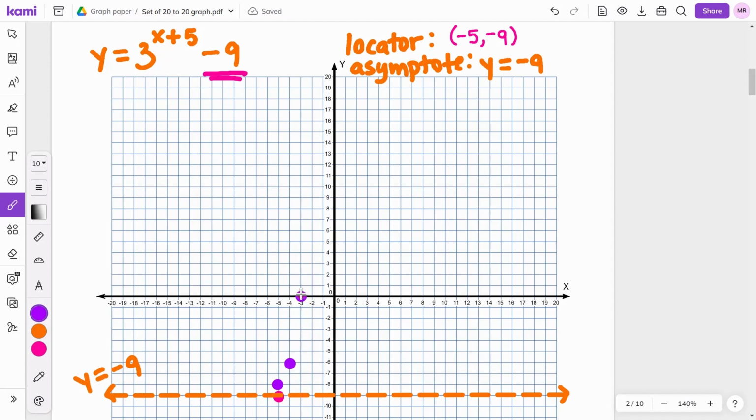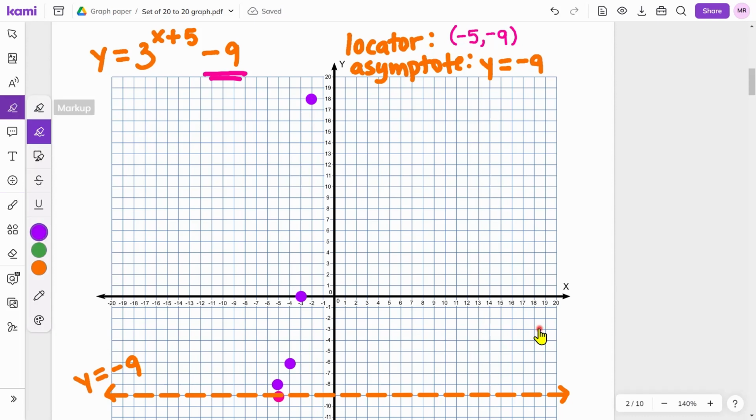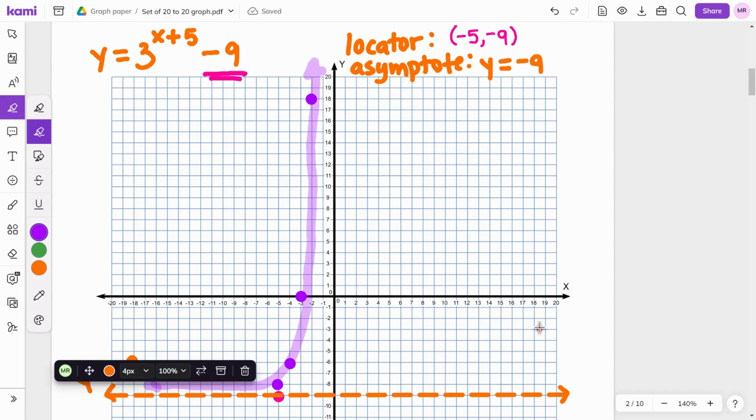Next one's going to be 27. And then I can connect my graph with my curve. There you go.